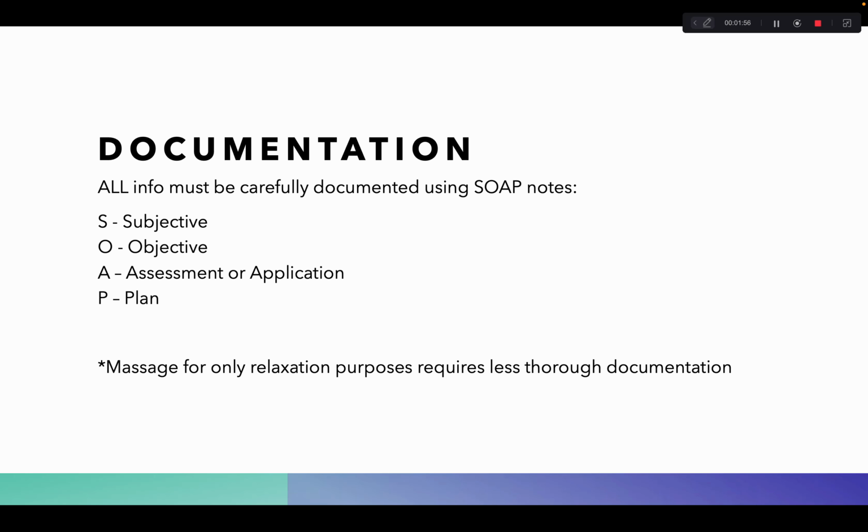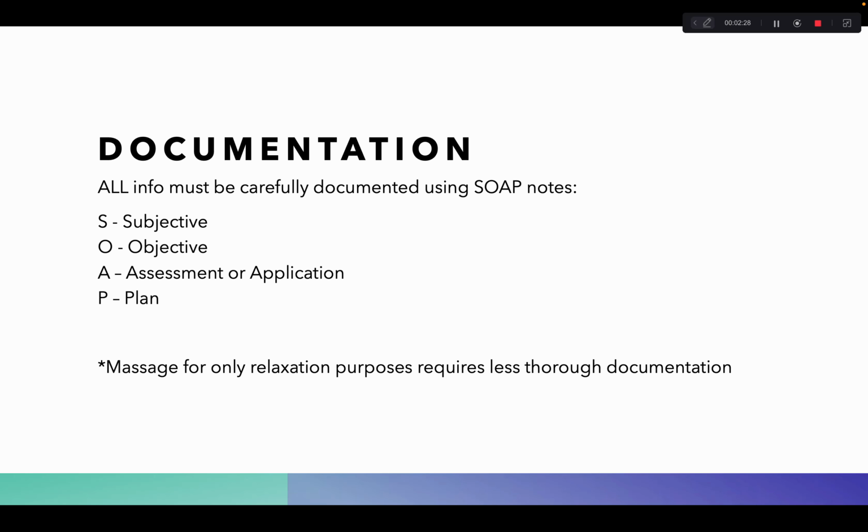If you are doing massage for relaxation-only purposes, this tends to require less thorough documentation. A lot of it would be subjective. Client has no complaints, just wants to relax. Objective would be here you can put the duration if you'd like, or you can put the duration in A. I tend to like to put this in objective. So here I'd put 60-minute relaxation massage, medium pressure, whatnot.